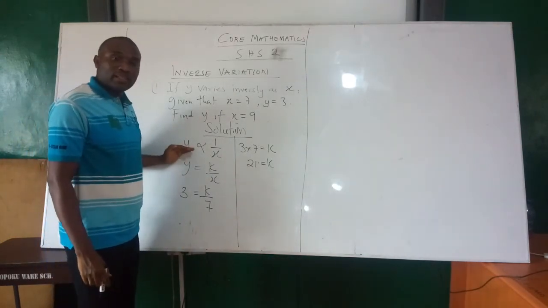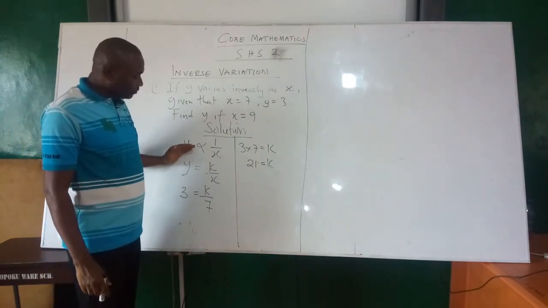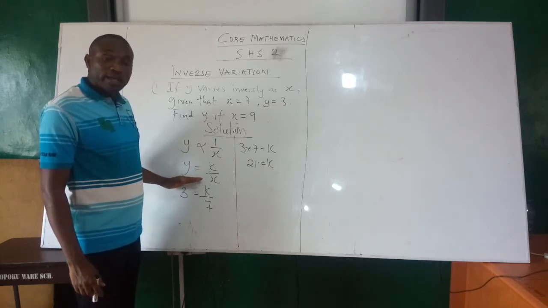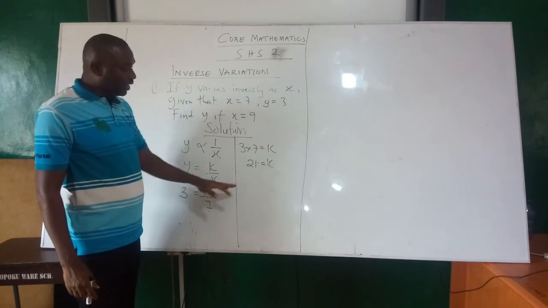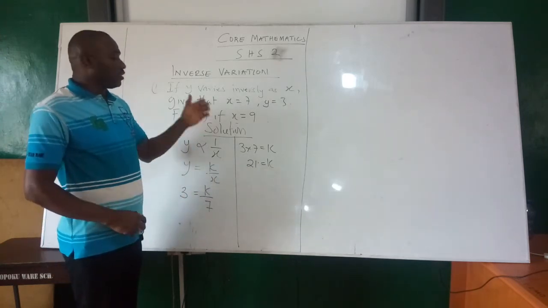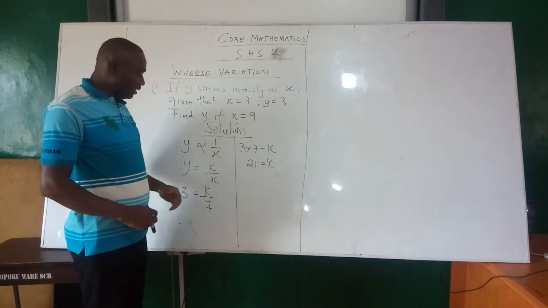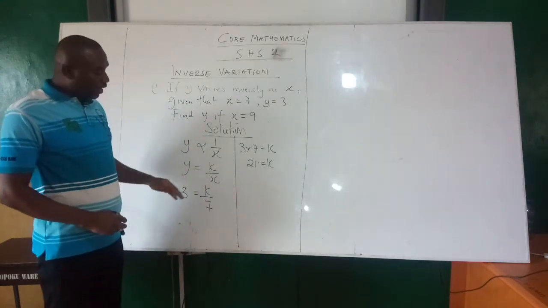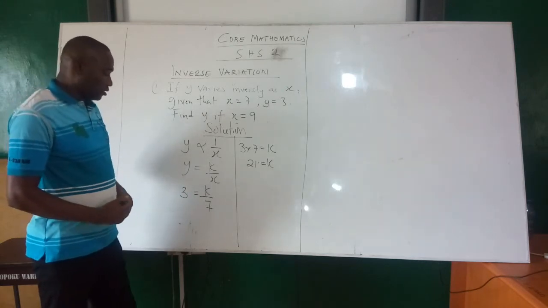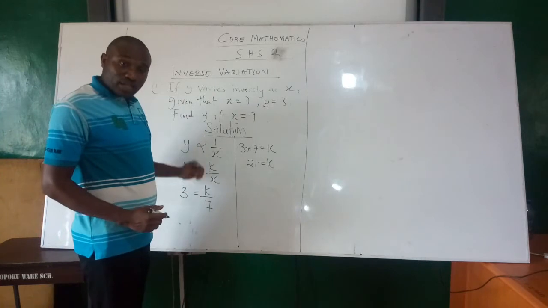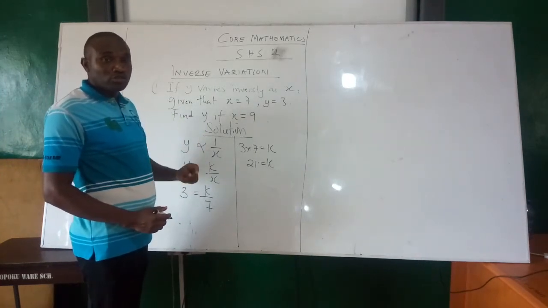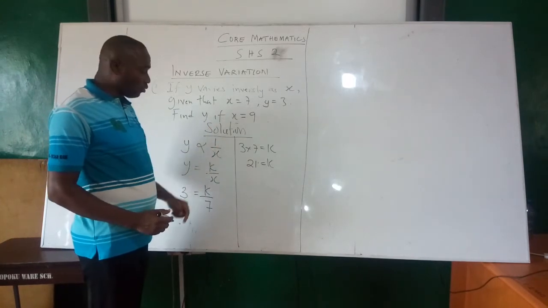So after writing the equation correctly, the second step is look for k. We've solved for k. The third step is to fix k back into the equation where we saw k, where we began. And after this, the relation or the equation is now complete, or can be used to solve questions in step 4.